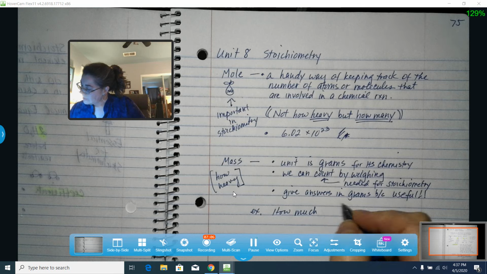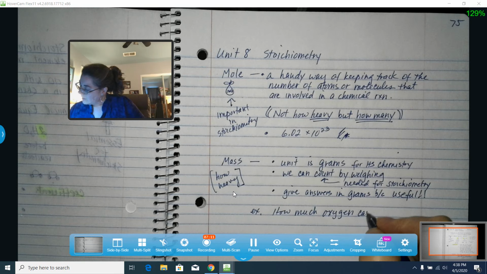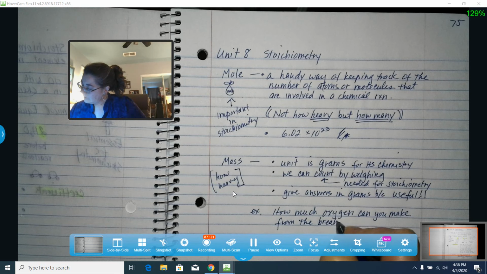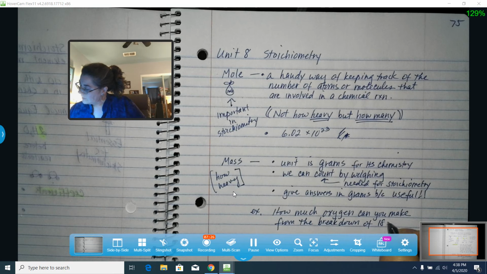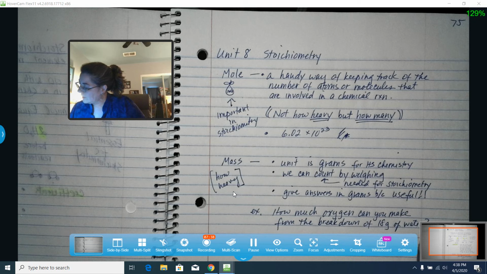How much oxygen can you make from the breakdown of 18 grams of water? Okay, so this would be a stoichiometry type problem. Maybe a chemist might want to answer. Right?